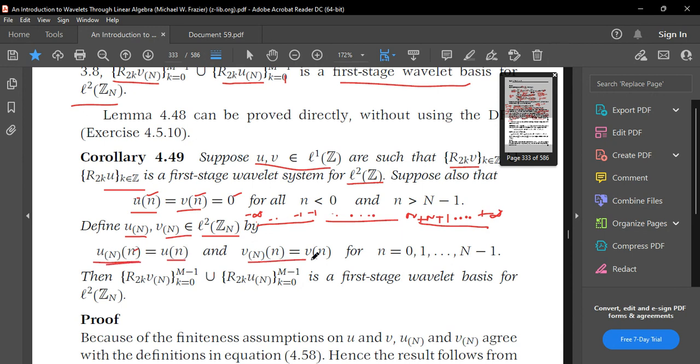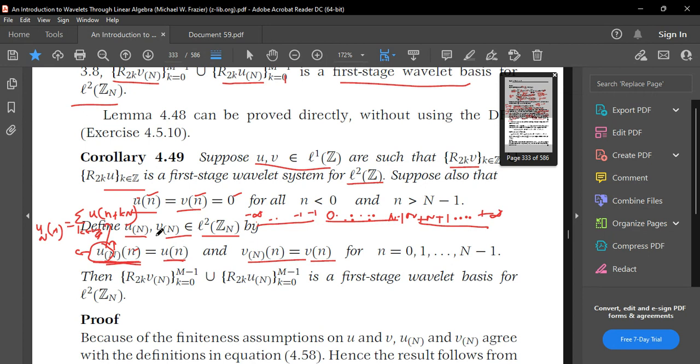Some index will be from 0, some index up to N minus 1.